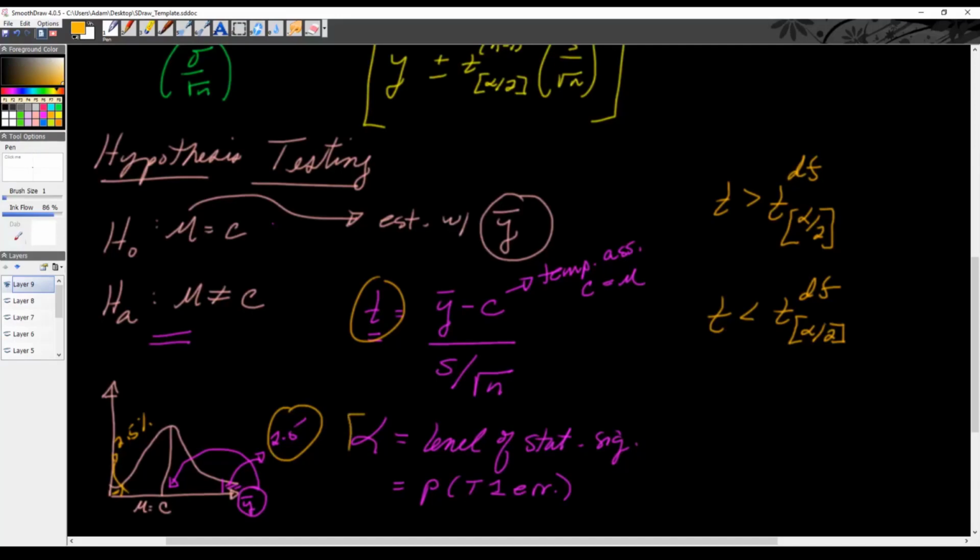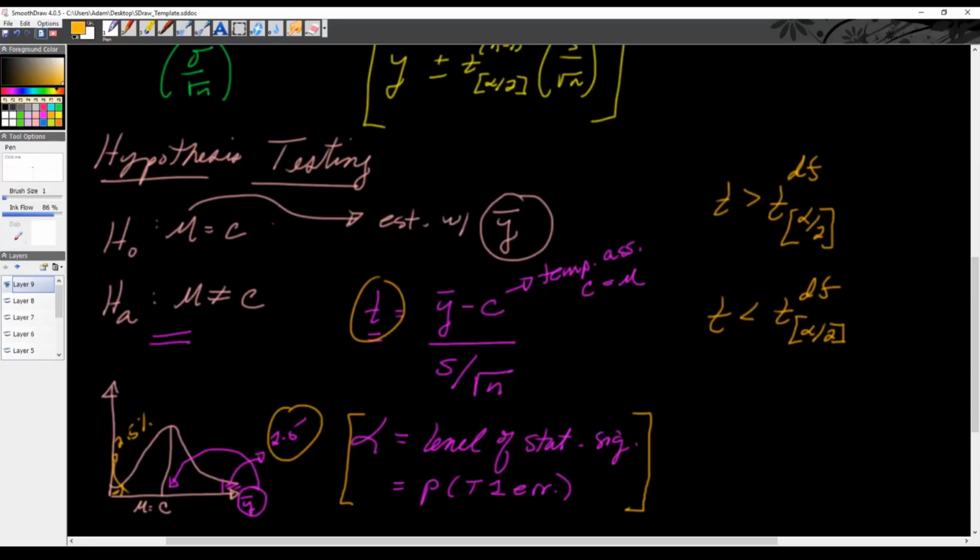Again, the level of significance tells us that when we reject the null hypothesis, we're still wrong 5% of the time. So if we want to be wrong only 1% of the time, we need to change alpha to 0.01 or 1%.